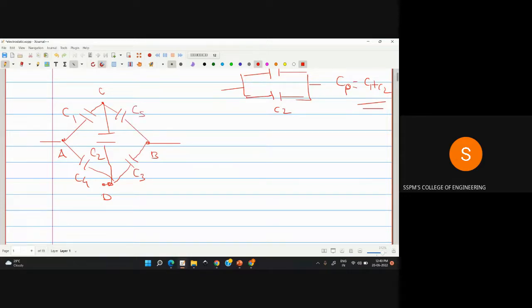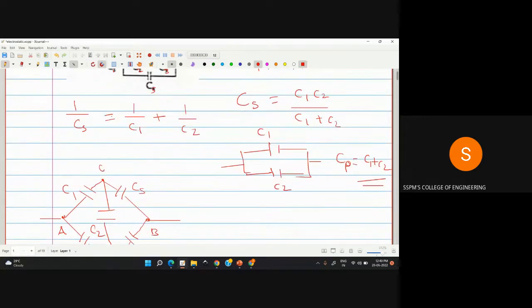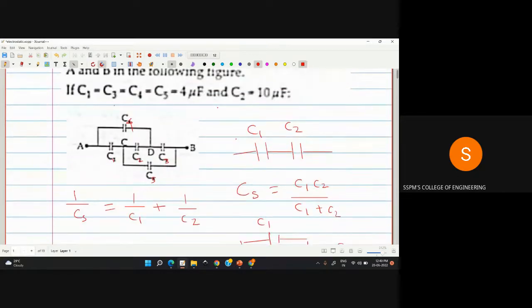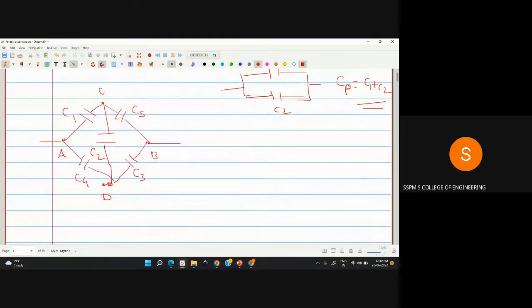हा एक ब्रिज सर्किट आहे आणि C1, C3, C4, C5 च्या व्हॅल्यू दिलेल्या आहेत. सगळ्या सेम व्हॅल्यू आहेत बघा इथे. All values are same and it is equal to 4 microfarad. C1 is 4 microfarad, C5 is 4 microfarad, C3 is 4 microfarad, and C4 is also 4 microfarad.